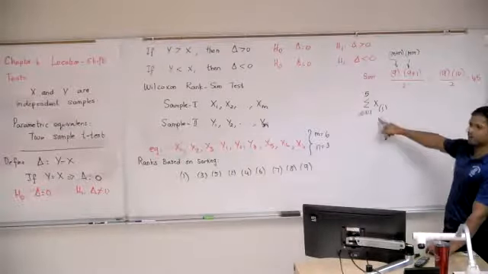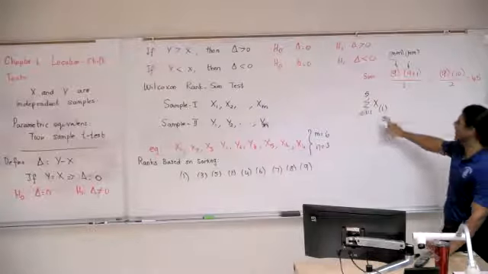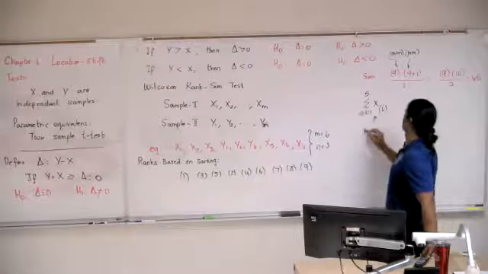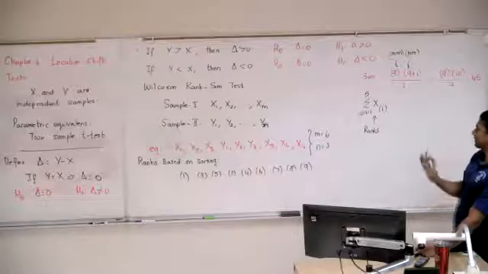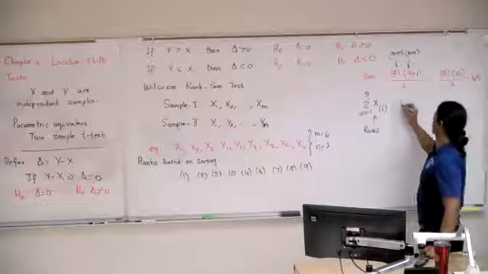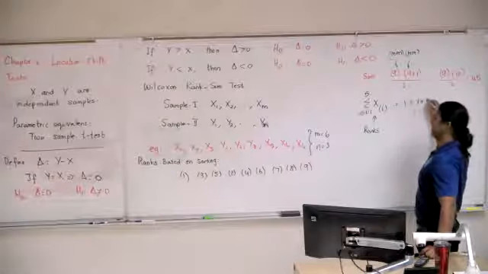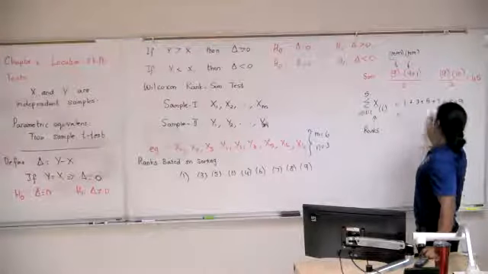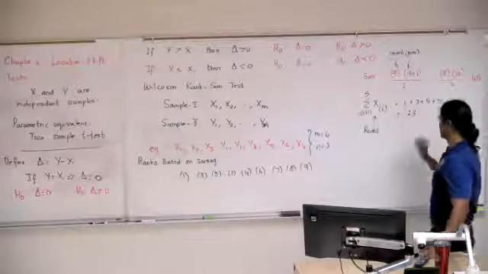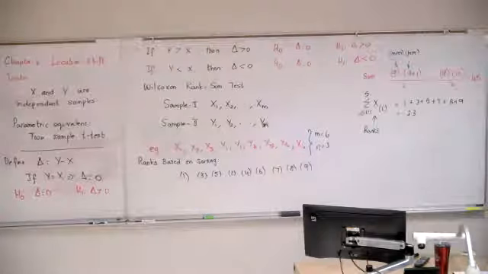These are not the x values, these are the ranks. If I sum all the x ranks, I would get 1 plus 3 plus 5 plus 7 plus 8 plus 9, 33. Naturally, what should the y ranks be?